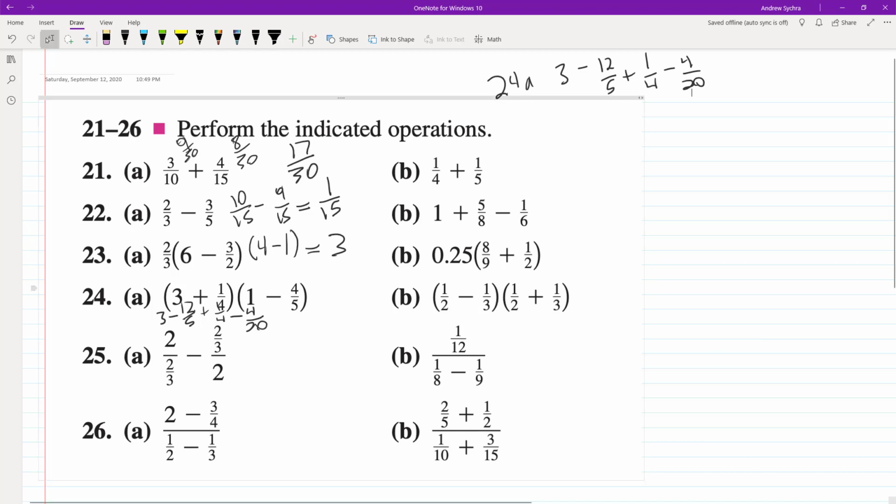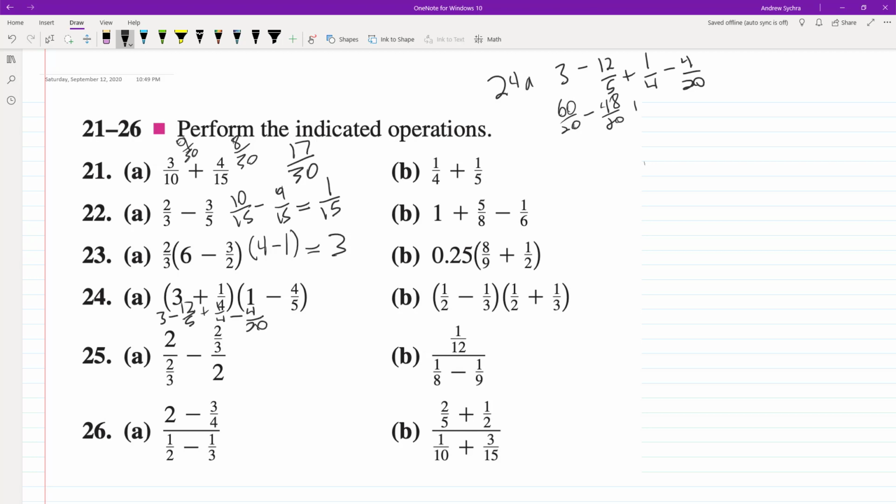And what does it give us? So 20. All right, so we'll do 60 over 20 minus 48 over 20 plus 5 over 20 minus 4 over 20. So this becomes 1. And then this becomes 12. We add those, so we end up with 13 over 20. Okay. So this is 13 over 20.